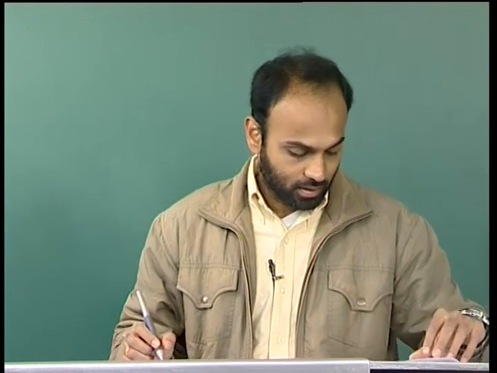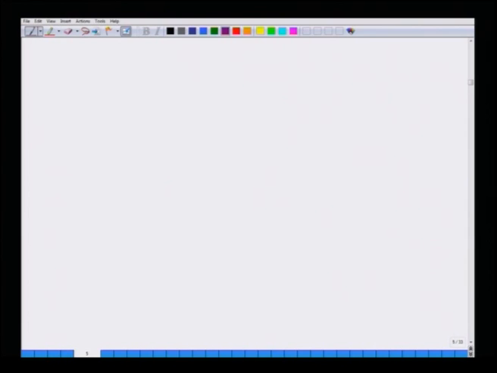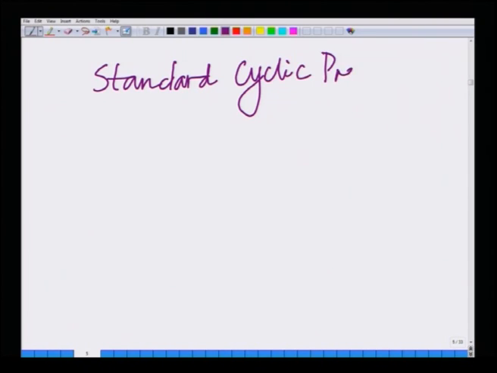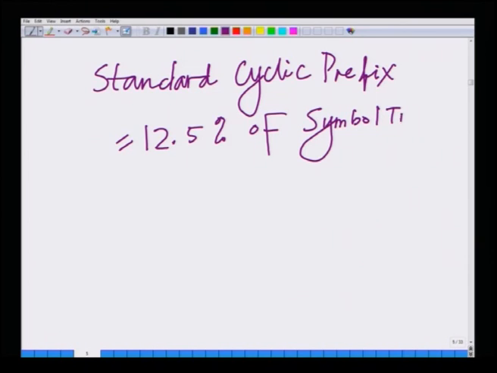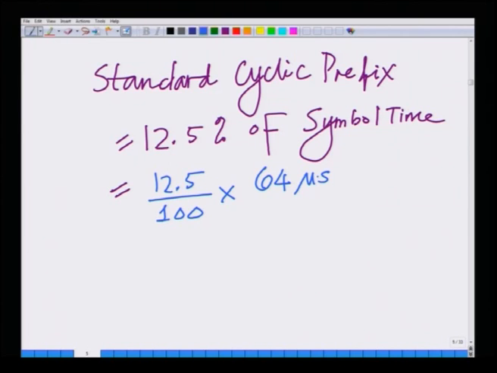So, the standard cyclic prefix in WiMAX is 12.5% of symbol time, which is 12.5 divided by 100 into 64 microseconds.